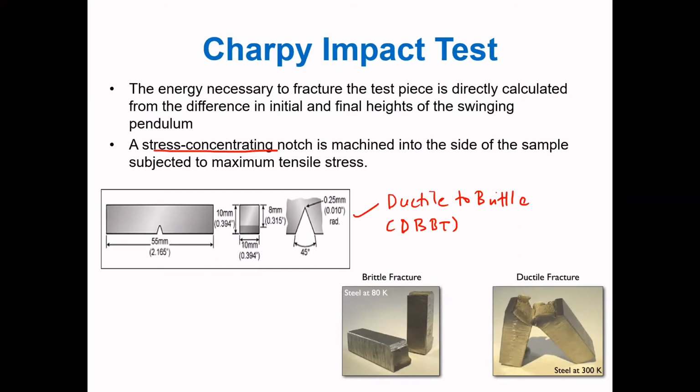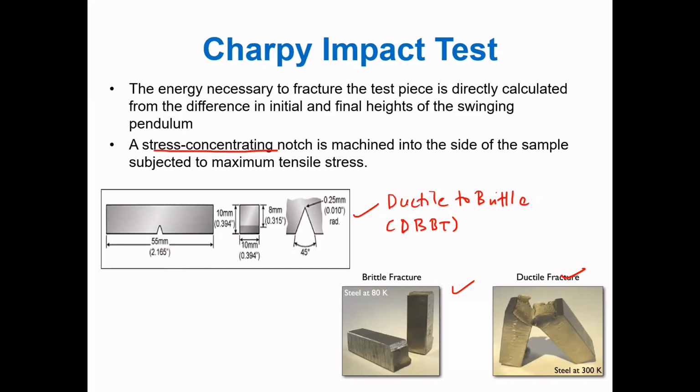A brittle metal will absorb a small amount of energy when impact tested, and a tough ductile metal will absorb a large amount of energy, like what we can see in the figure here. We can see the differences between brittle fracture and ductile fracture at different temperatures.